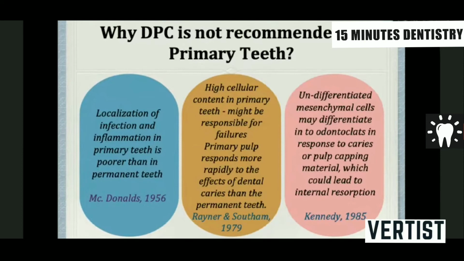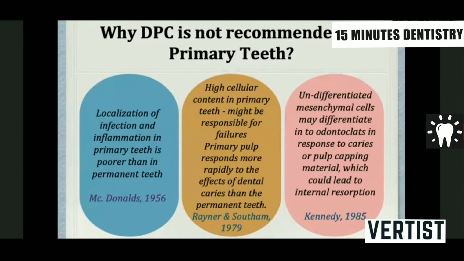Kennedy, in 1985, said that undifferentiated mesenchymal cells may differentiate into odontoclasts rather than odontoblasts in response to caries or pulp capping material, which could lead to internal resorption in primary teeth.